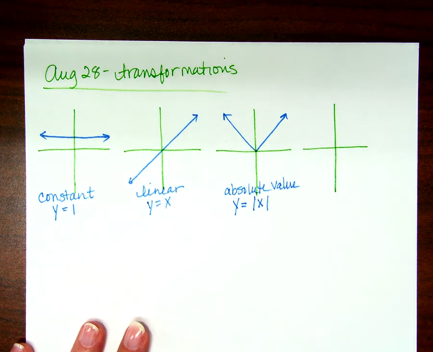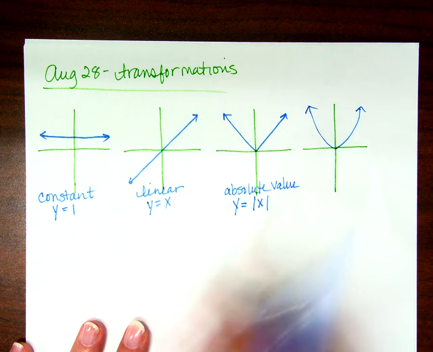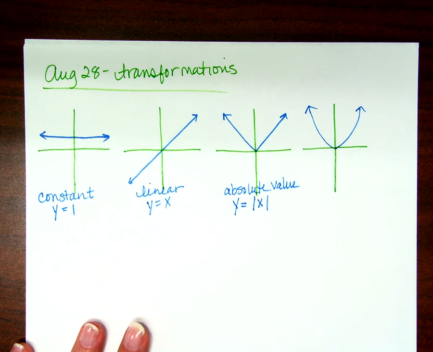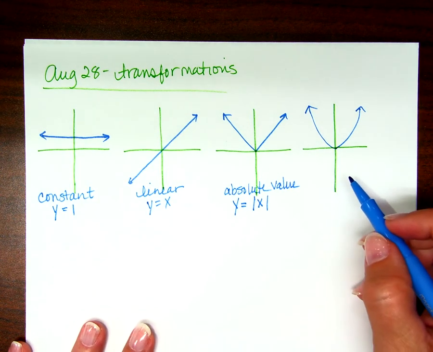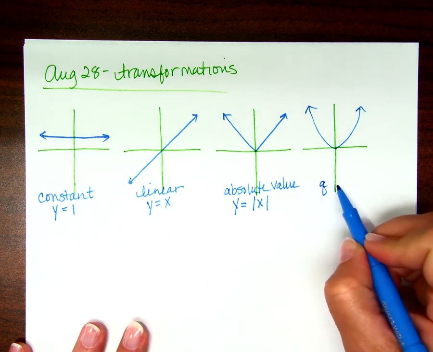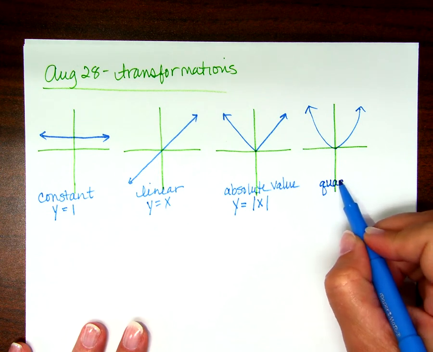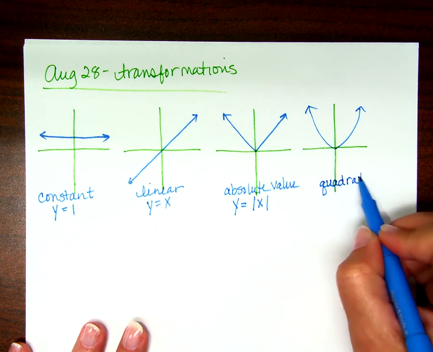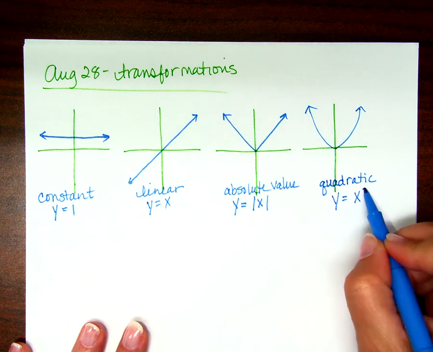Excellent. And then we have, last but not least, that one. It is called a parabola when we graph it. What's the name of the equation? Quadratic. Good. Y equals x squared.